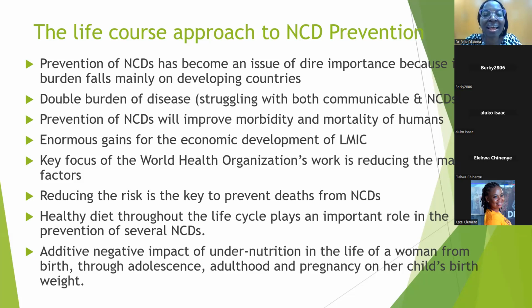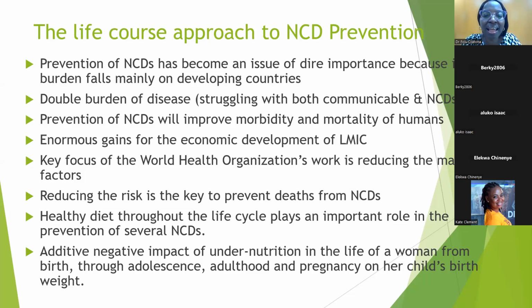So what the World Health Organization is working on is how we can reduce this. If you can reduce these four, if you can avoid tobacco, alcohol, physical inactivity, and unhealthy diets, then we will reduce non-communicable diseases tremendously.